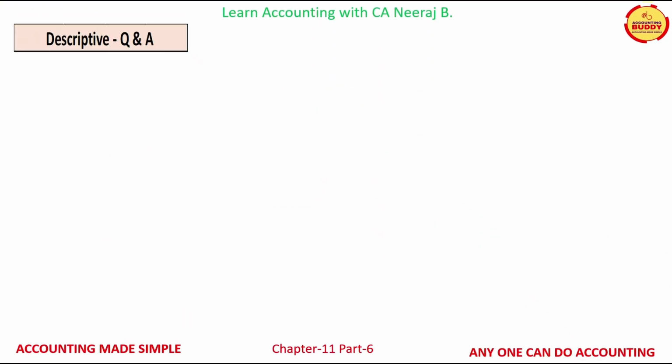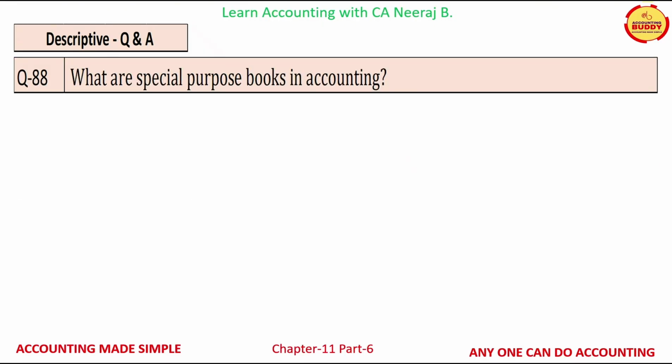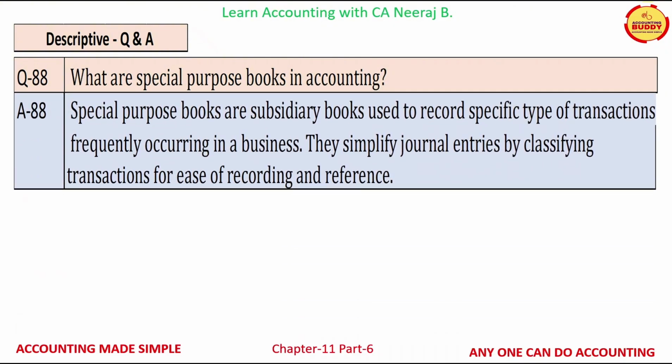Under this section, we will discuss a few descriptive type questions and answers. Question number 88 on your screens is, what are special purpose books in accounting? And the answer is, special purpose books are subsidiary books used to record specific types of transactions frequently occurring in a business. They simplify journal entries by classifying transactions for ease of recording and reference.